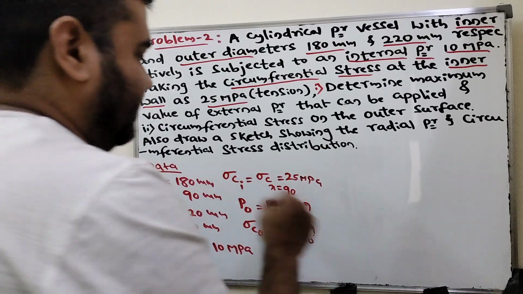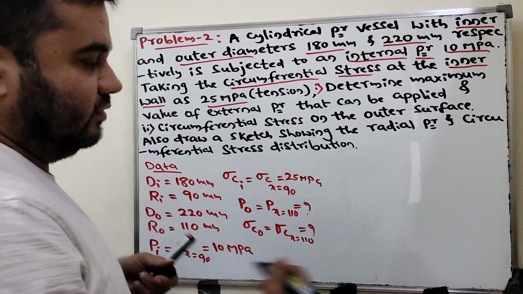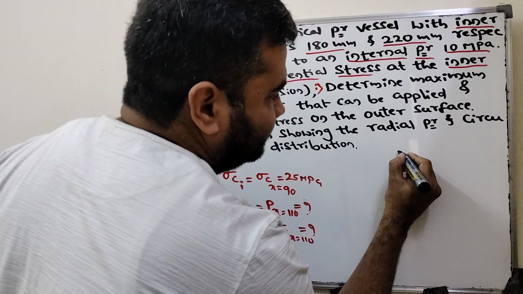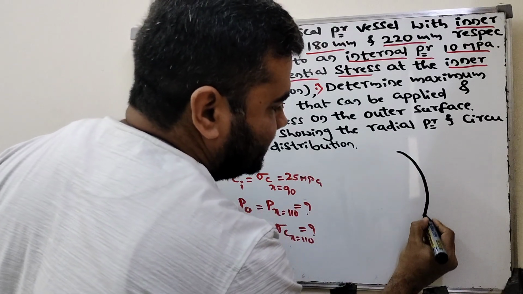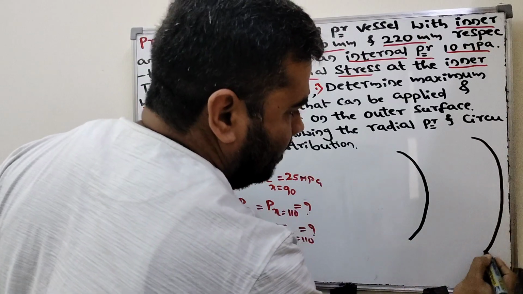First we will try to draw the sketch here. I draw here the center, and from the center, this is the inner radius and this is the outer radius.